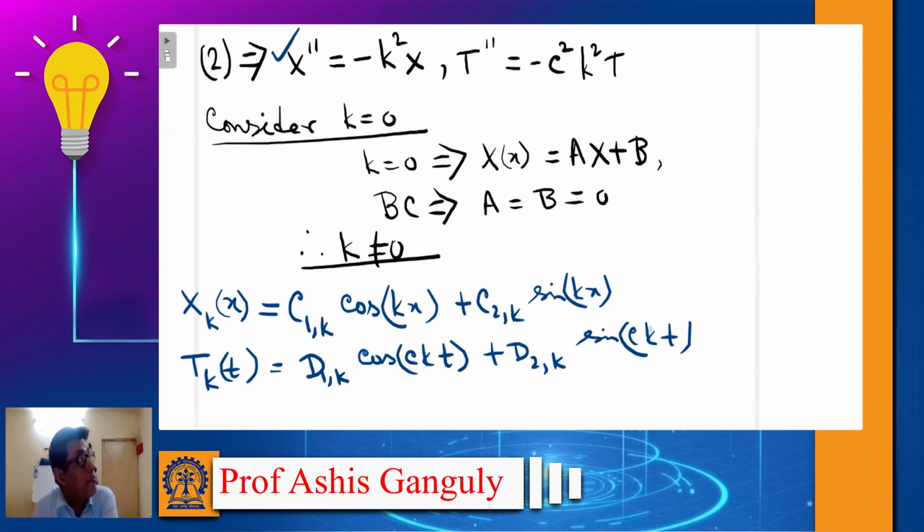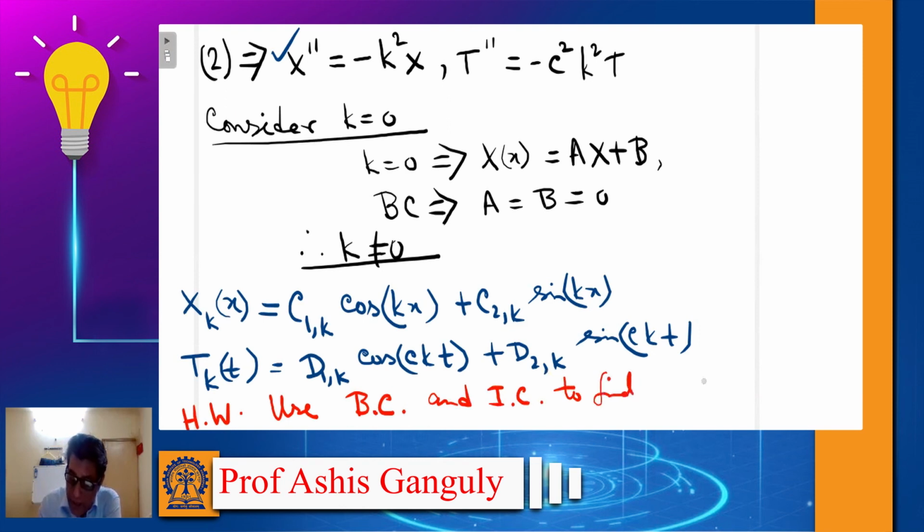Now, today I will stop because time is up. And I wanted to stop here because I again want to give you a homework. What is the homework? Use the boundary condition and the initial condition to find C1k, C2k, D1k, D2k.